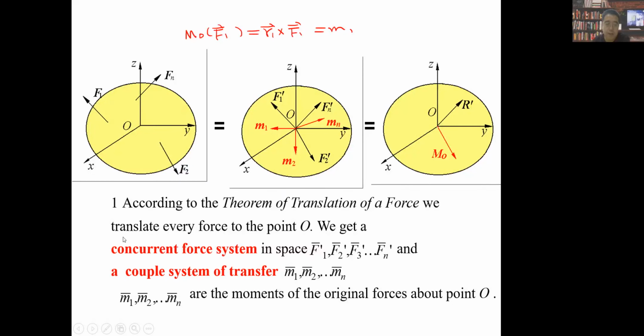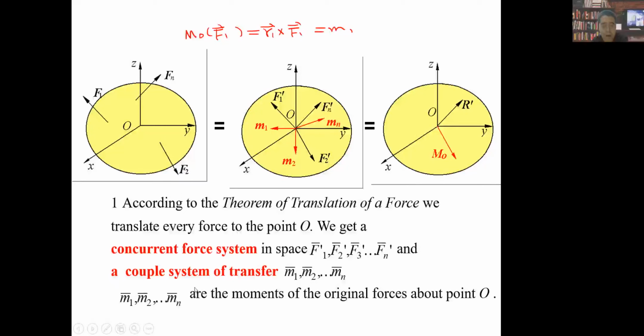So in China, we call that 空间汇交力系. That means all the forces in this system have a common point here. So we call that a concurrent force system in space: F1 prime, F2 prime, F3 prime, until the last one, Fn prime, right? Because according to the theorem of translation of a force, we add M1, M2, until Mn.